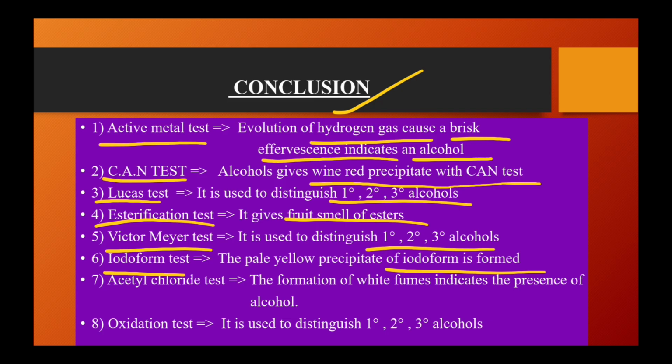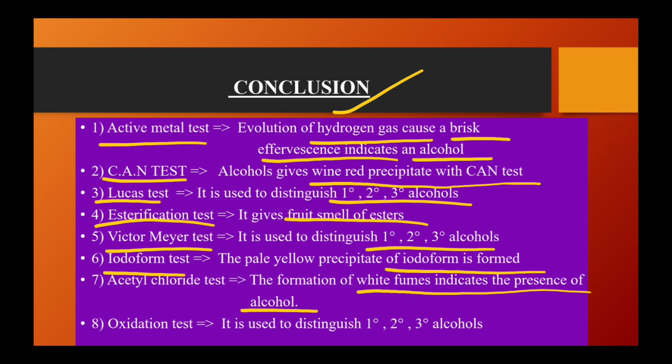In primary alcohols, only ethyl alcohol will give the iodoform test. The remaining primary alcohols, that is propyl alcohol, butyl alcohol and pentyl alcohol, do not give the iodoform test. And the secondary alcohols containing the CH3CHOH group only will give the iodoform test. Then the acetyl chloride test: the formation of white fumes indicates the presence of alcohol.